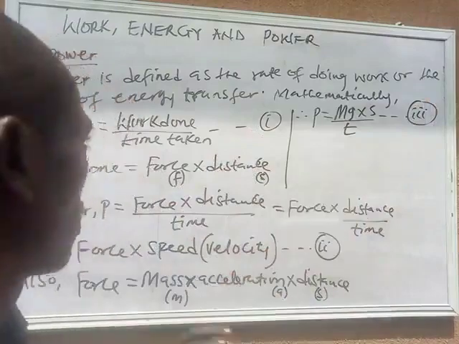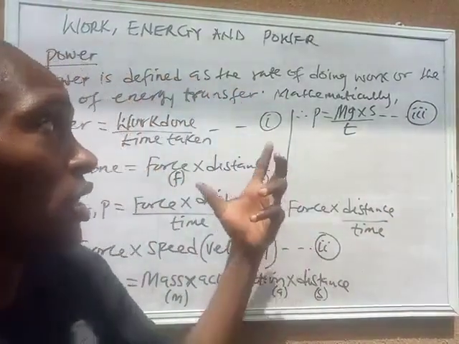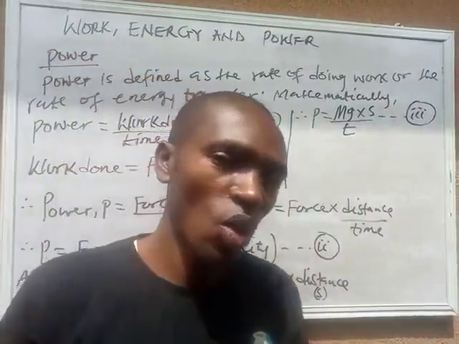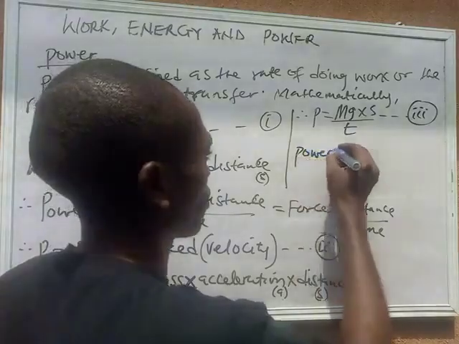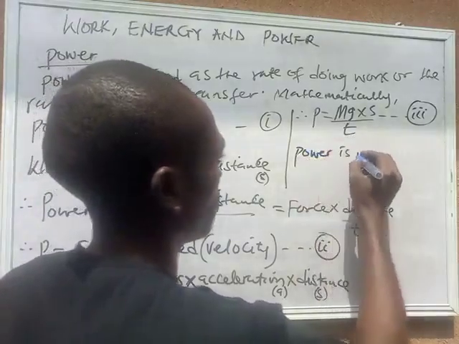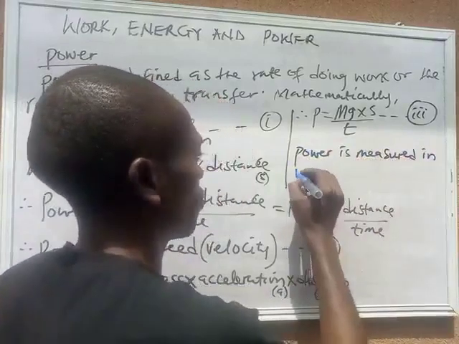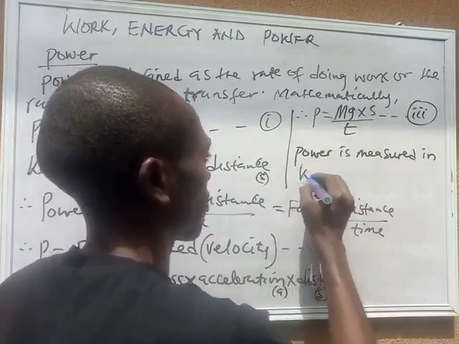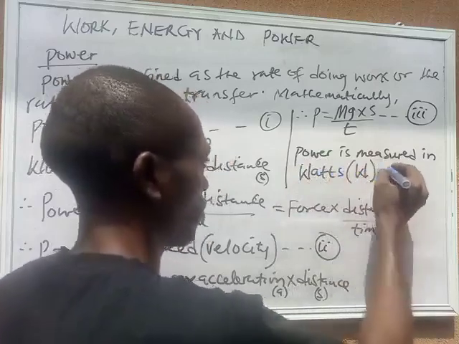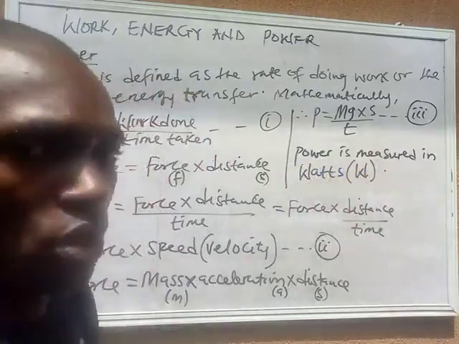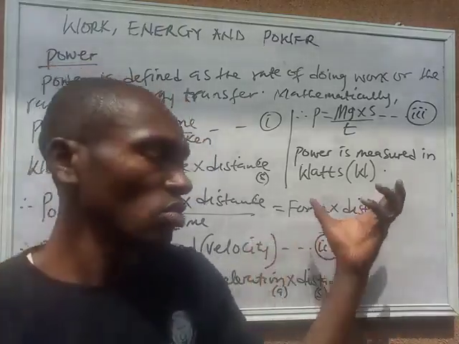And don't forget that power is measured in watts. Most of the time they use the capital W to represent it anytime you calculate a question that has to do with finding the power.